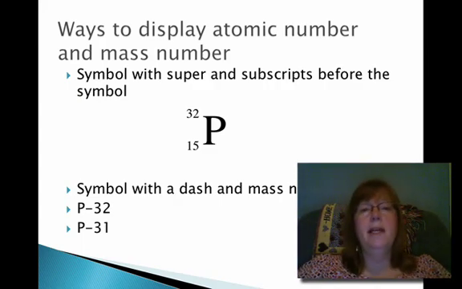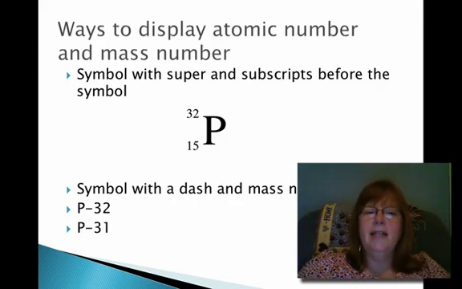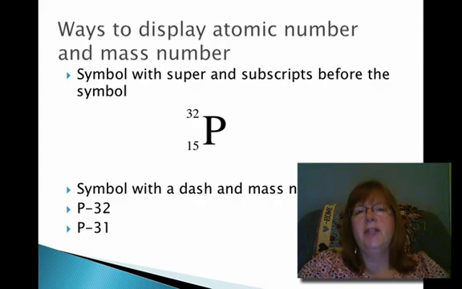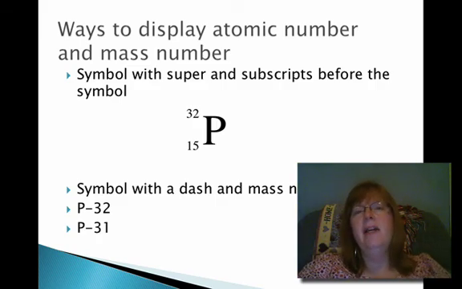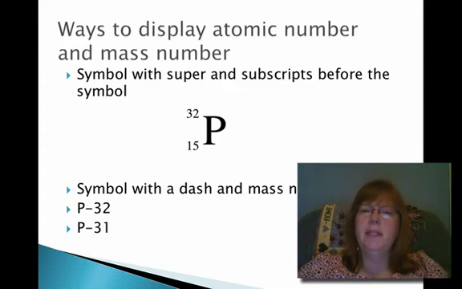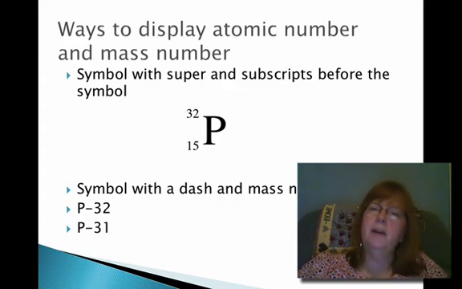That's one way that we can display the atomic number and the mass number. Another way is just to put the symbol and a dash with the mass number. Here, we're not displaying the atomic number, but if it's phosphorus, all we have to do is go to the periodic table and find out that it's number 15. So these are 2 ways that we display our atomic number and our mass number.